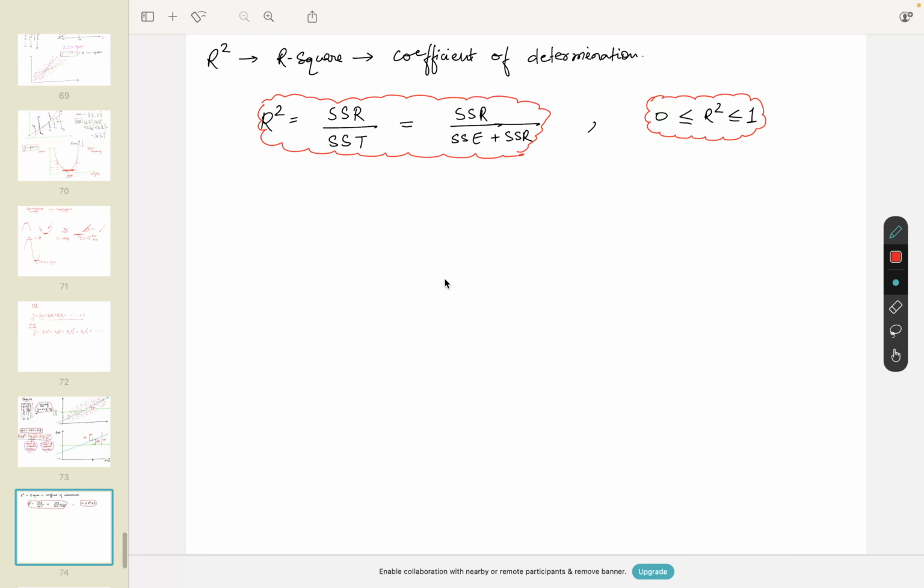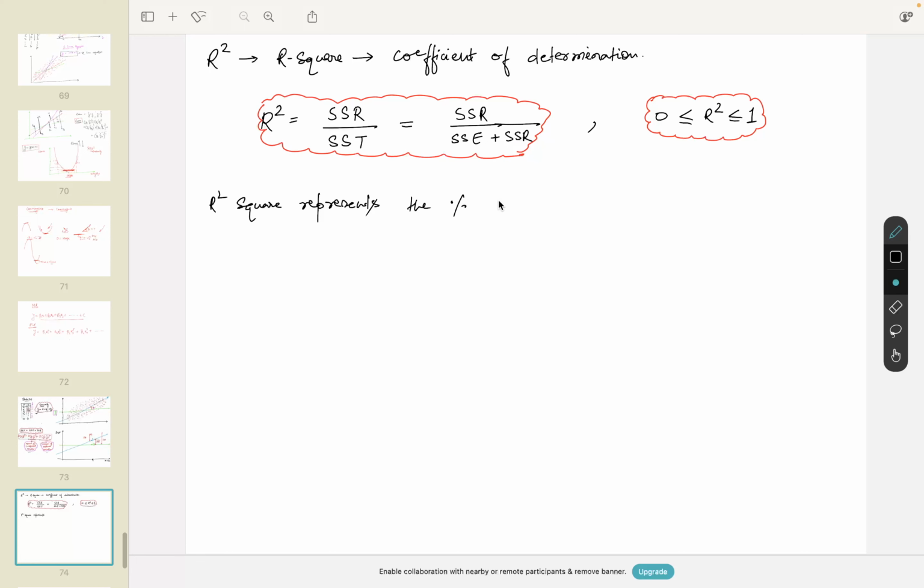So basically this r square represents the percentage variation in the output. Write it down.